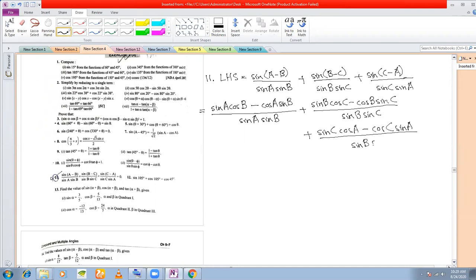Now what you do is you separate: sine A cos B by sine A sine B, minus cos A sine B by sine A sine B.